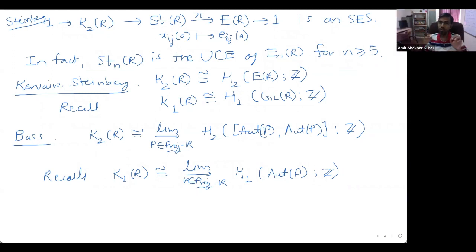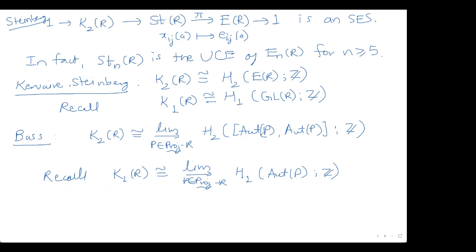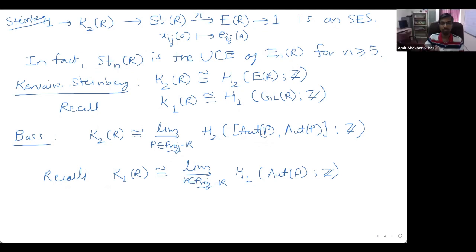Now for K2, we are doing something more complicated. We are taking the commutator subgroup of the automorphism groups. Then we are computing the direct limit of its second homology group. And I just wanted to show that these two have similar nature, similar kinds of definition.